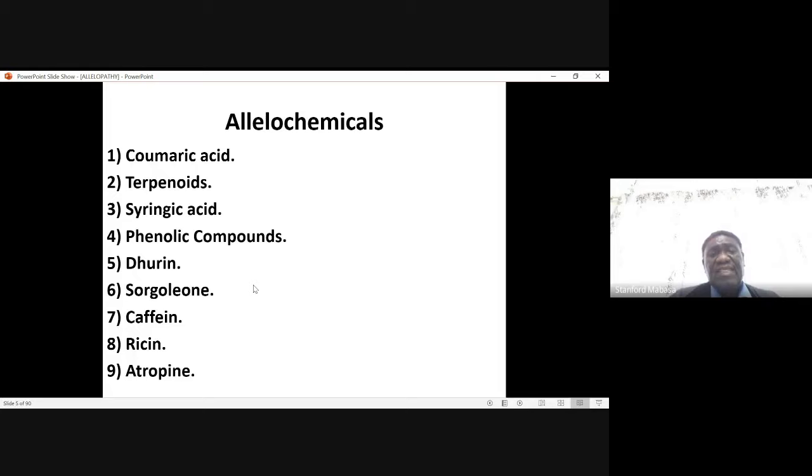Atropine is produced by Datura stramonium, and atropine could be of medicinal value. We understand some traditional healers use atropine from Datura stramonium to treat asthma.